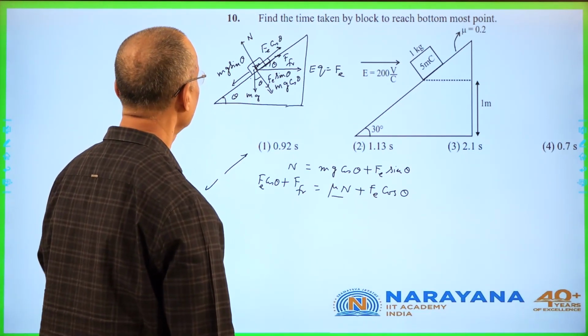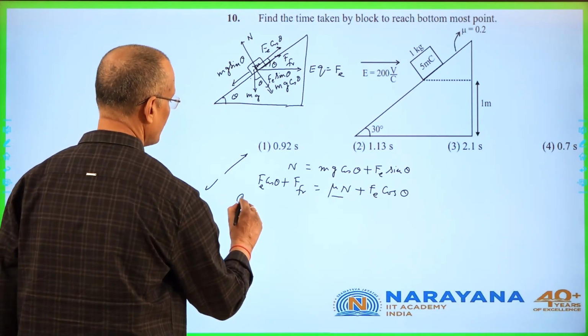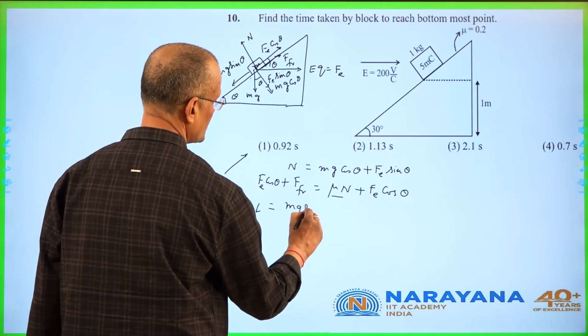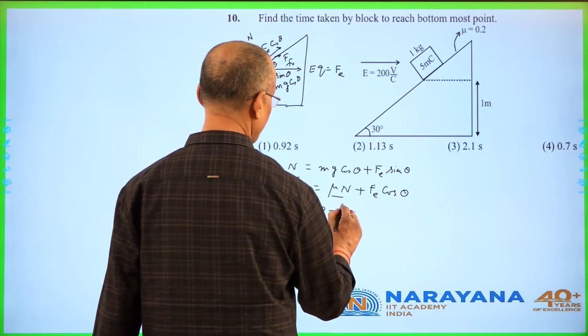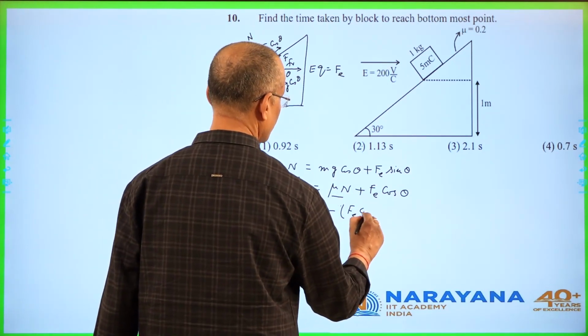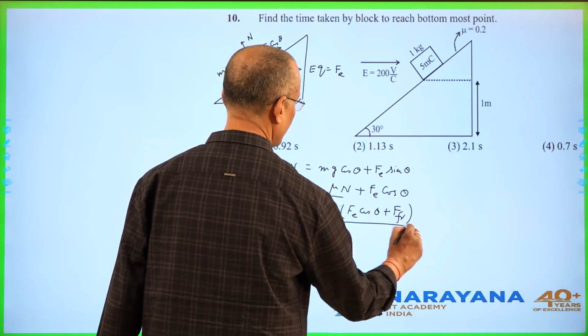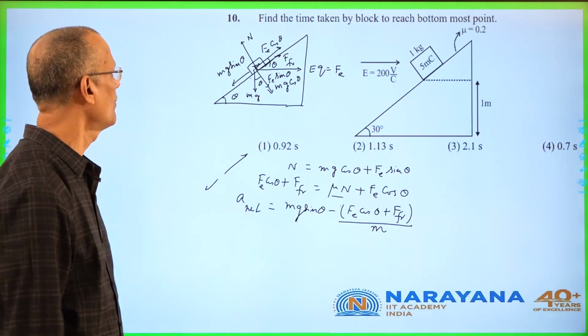If you take this displacement, then A net will become how much? A net will become mg sin theta minus Fe cos theta plus force due to friction, by m. Now, find out all the values.